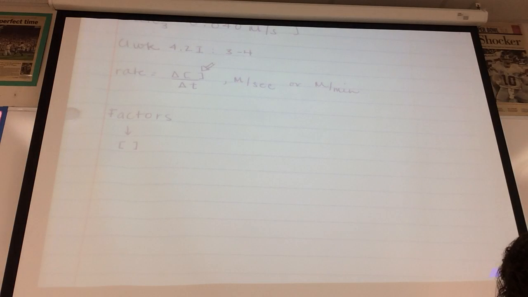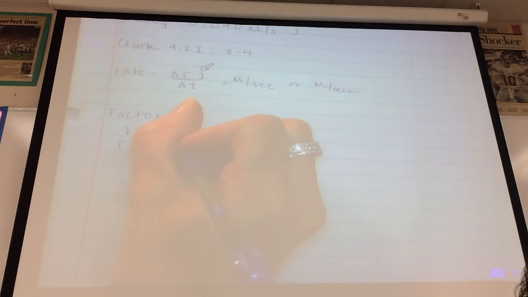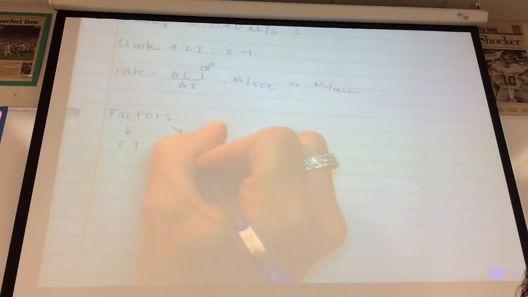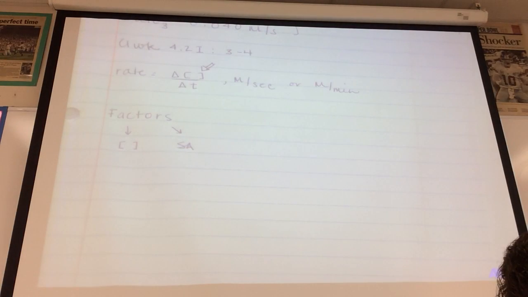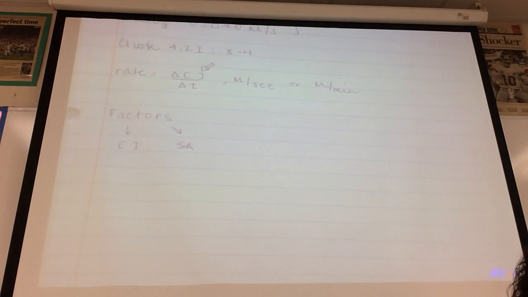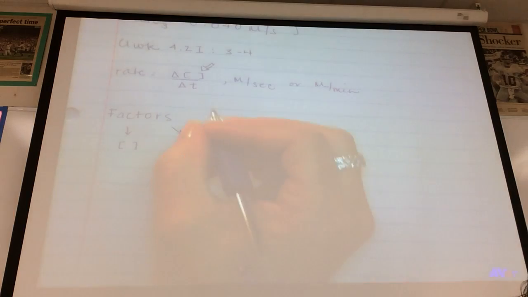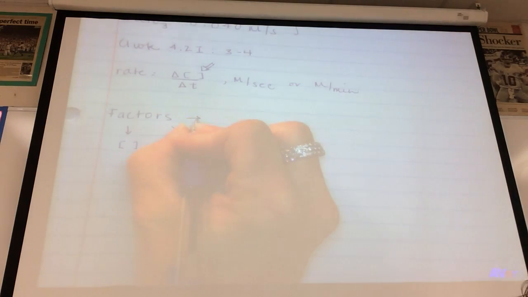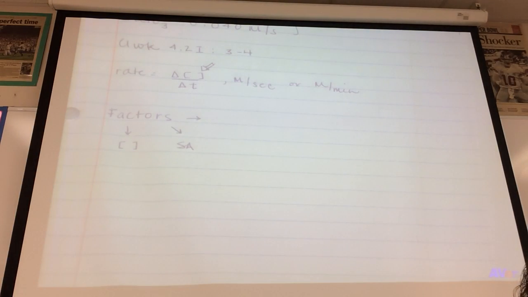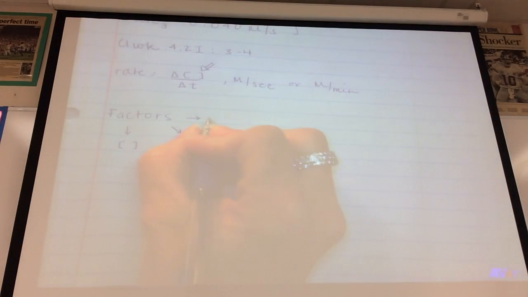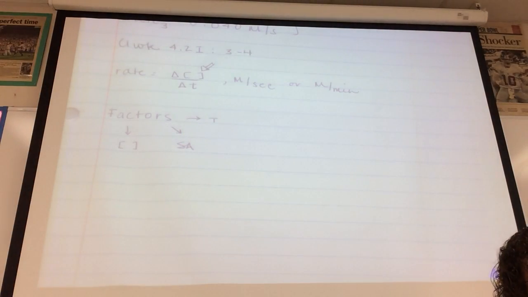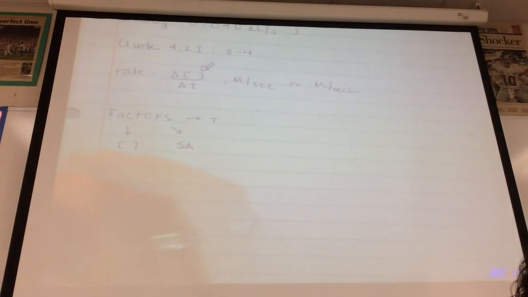And that's the one we're going to look at in the laboratory as well. And we'll come back to that in just a few minutes. Surface area also is a factor that affects reaction rate, and we'll talk more about that after your quiz on Thursday. Another factor that affects reaction rate is temperature, and we'll talk about that one on Thursday as well.